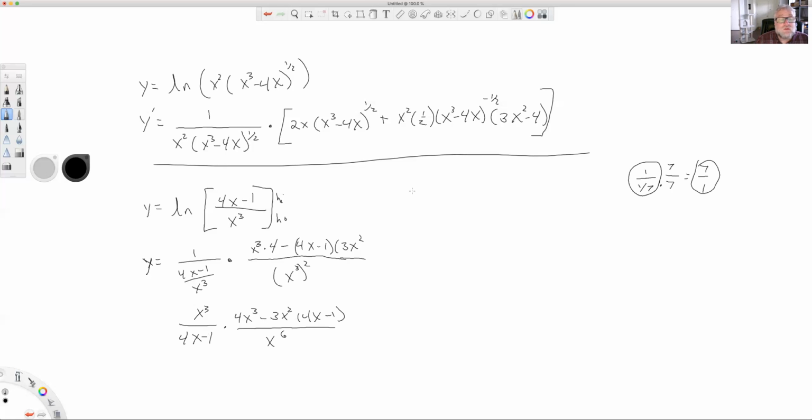Okay, now if I do it with the product rule, ln of 4x minus 1 times x to the minus 3. All of this is inside the logarithmic function. Well, if you recall, when we're multiplying things together inside a logarithmic function, we can split this up as ln of 4x minus 1 plus ln of x to the minus 3.